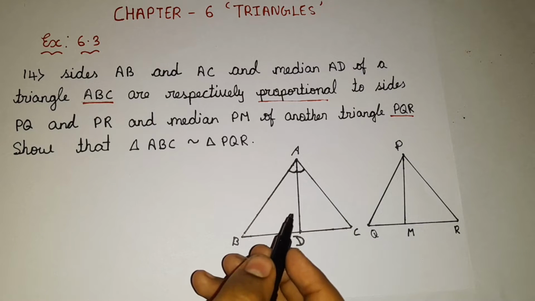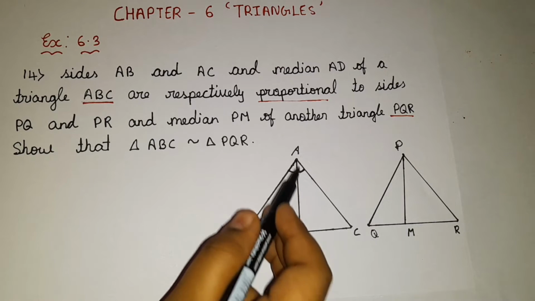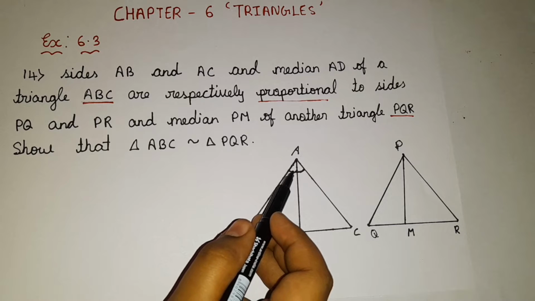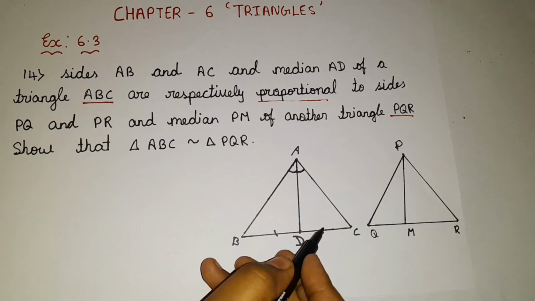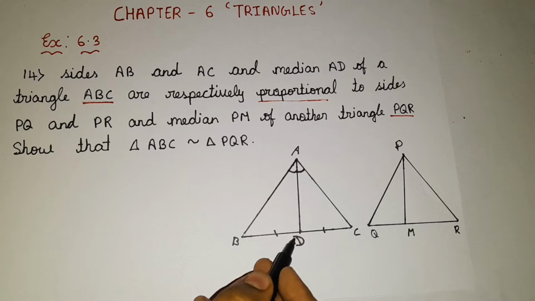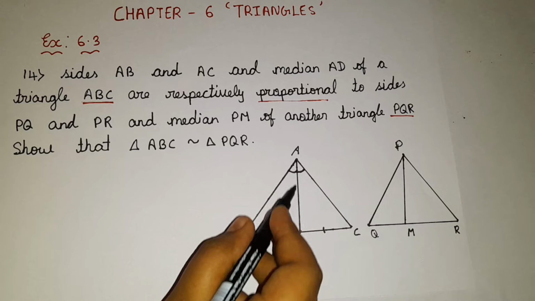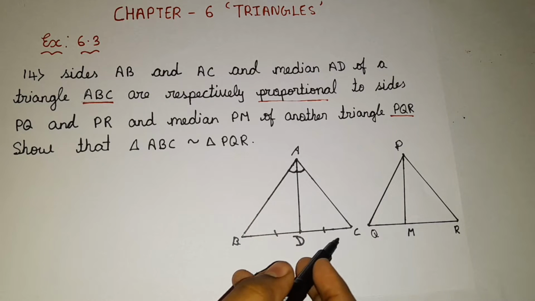That is the meaning of median. This side is also equal to this side because of the median. So BD is equal to DC, just because we have a median.